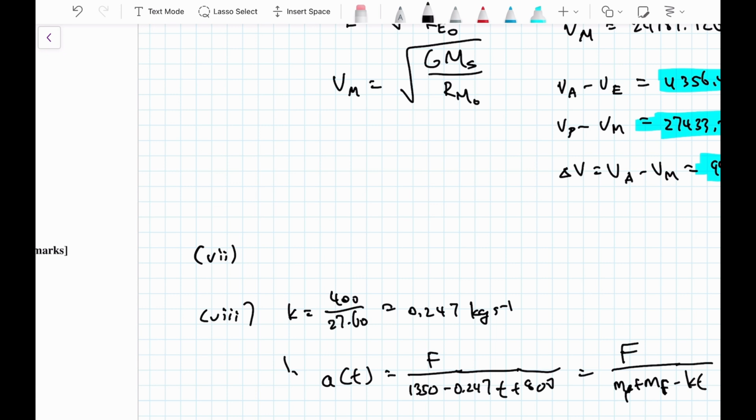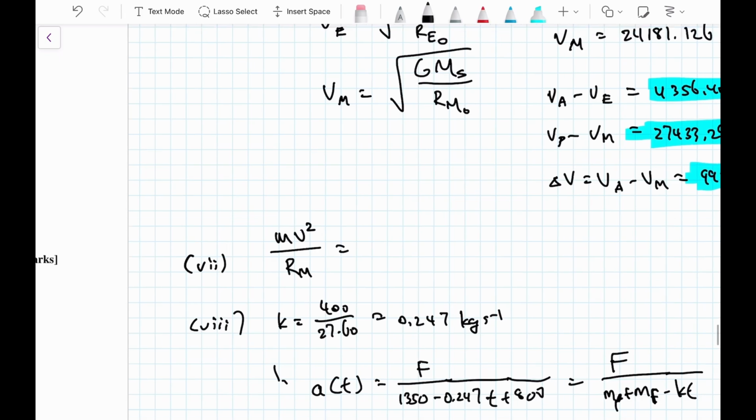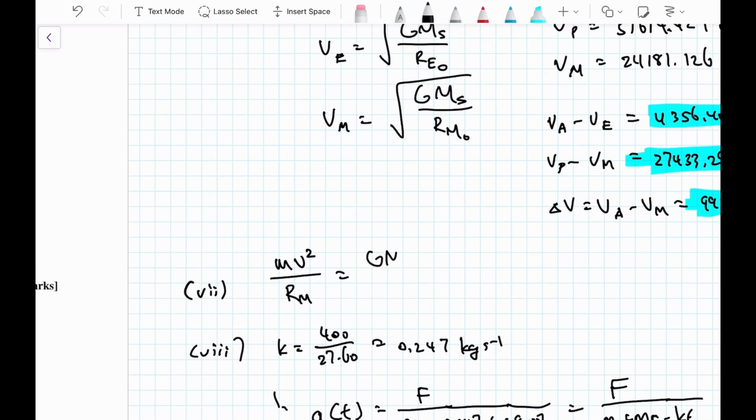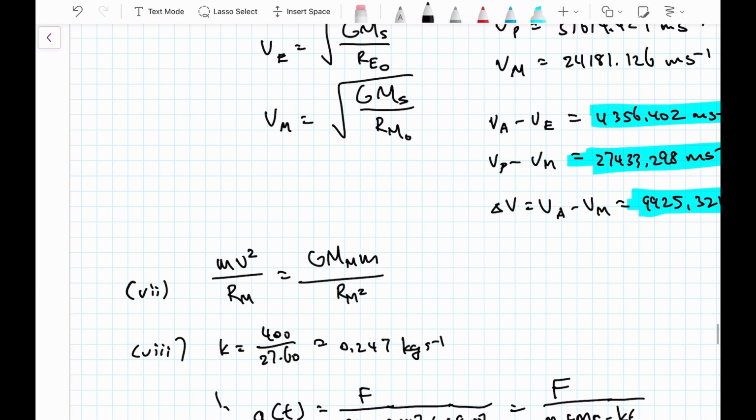So what we want to calculate is the speed on close approach to Mars. Now, m v squared over rm is equal to G multiplied by M m over rm squared. So v is equal to the square root of G M over rm.